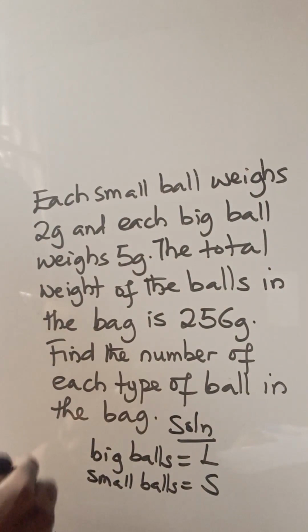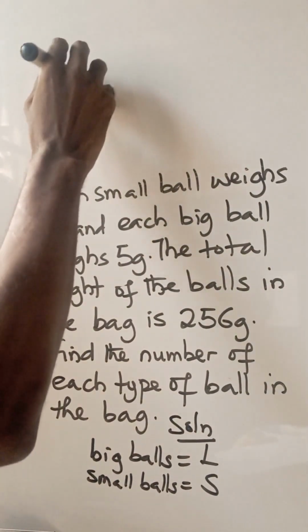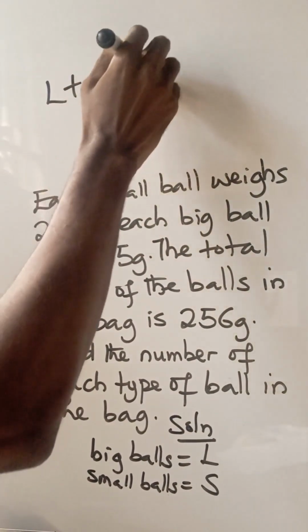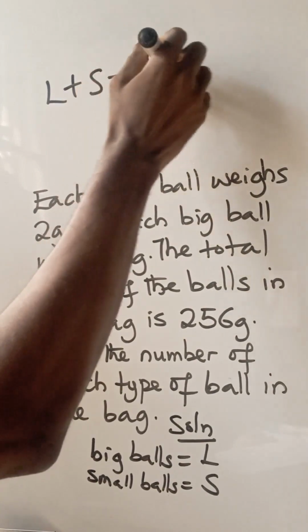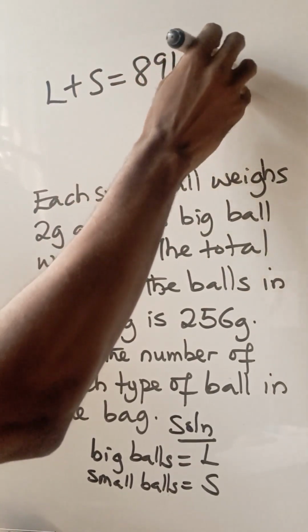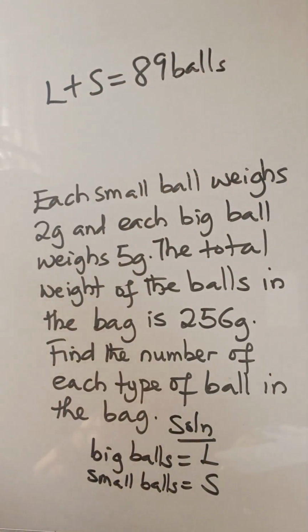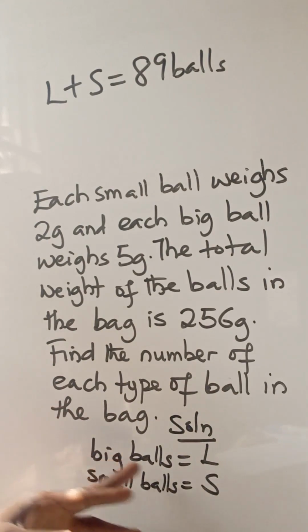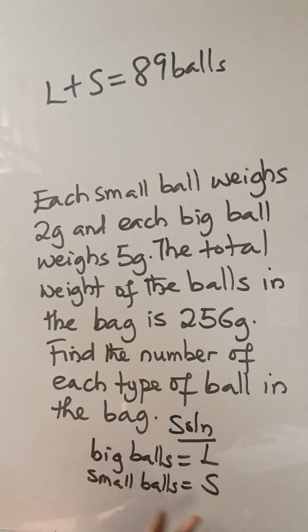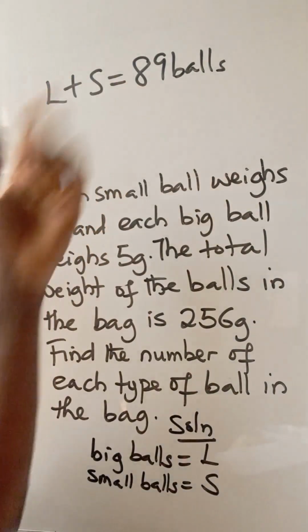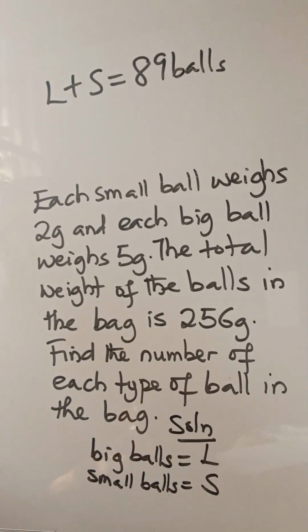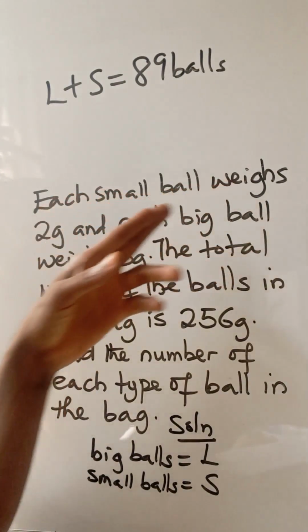So I have L plus S gives us 89 balls. If L is the big balls and S is the small balls, if we add them, it gives us 89.